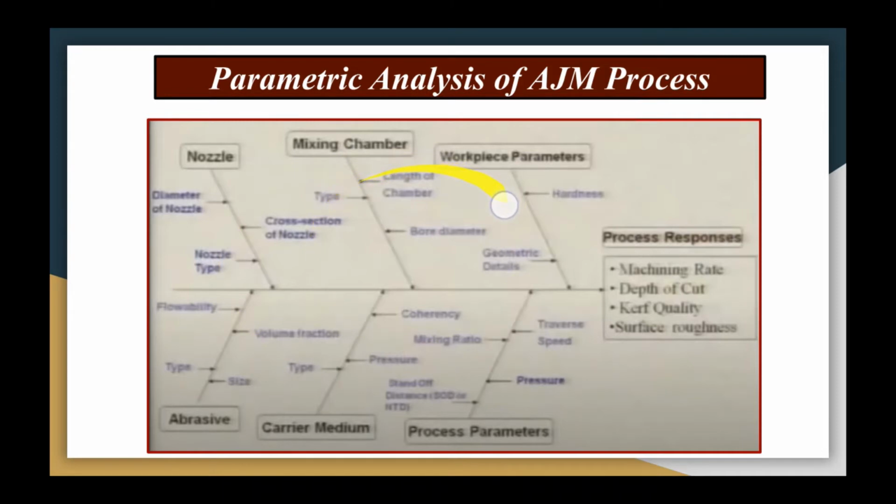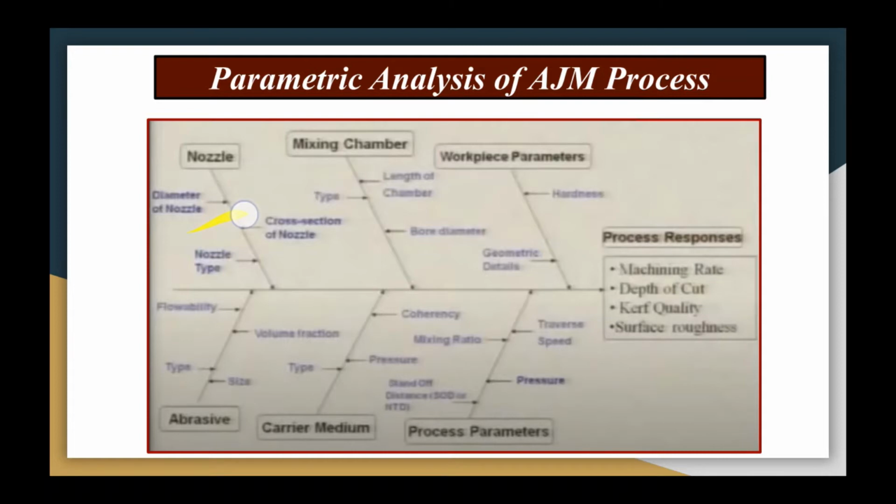This diagram is for the AJM process, where you can find the different parameters which really affect the response in case of process performance. So let us start from here.